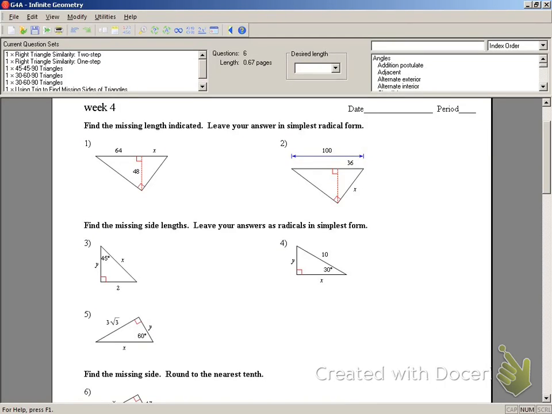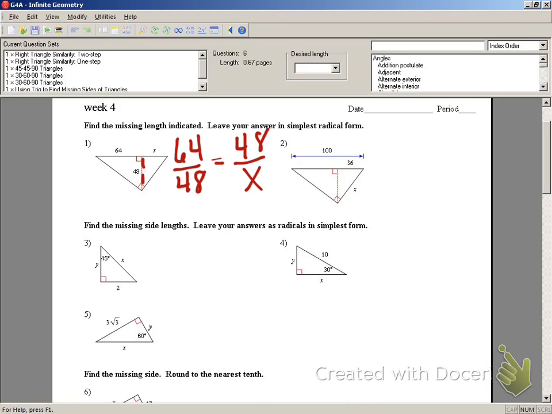Now, notice that we have an altitude that is 48 units. It is drawn here, and recall that the altitude is the geometric mean of the two segments that make up the hypotenuse. So in order to solve this, we have to set up the proportion, cross multiply, and divide.